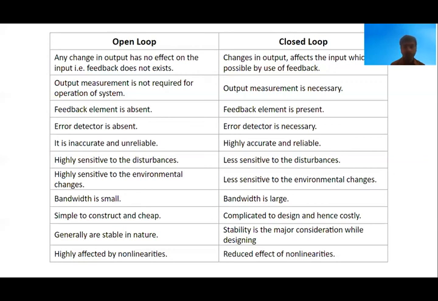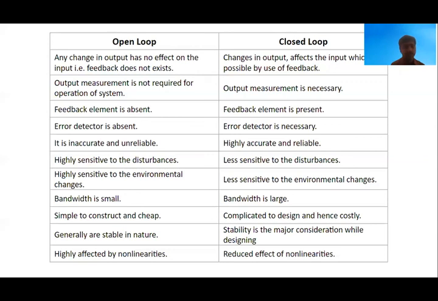In the closed loop control system, stability is a major consideration while designing the system because there is feedback, which always controls the output variable. Therefore, care is needed in designing the control system to achieve good stability.